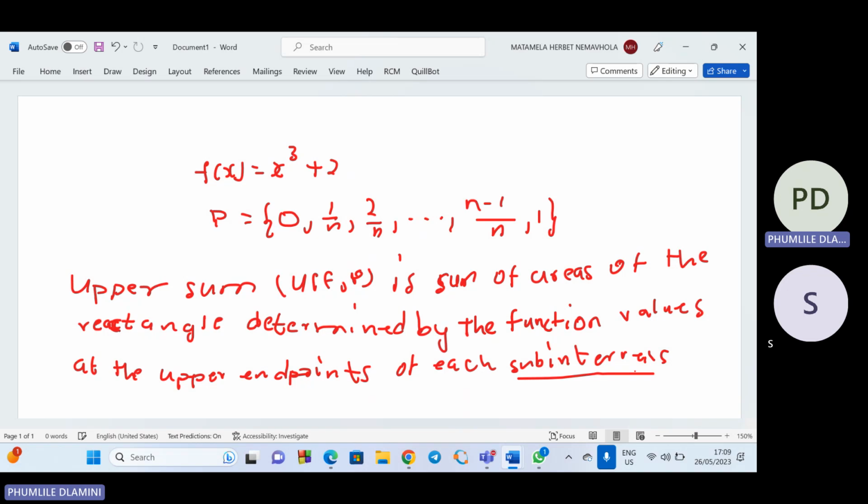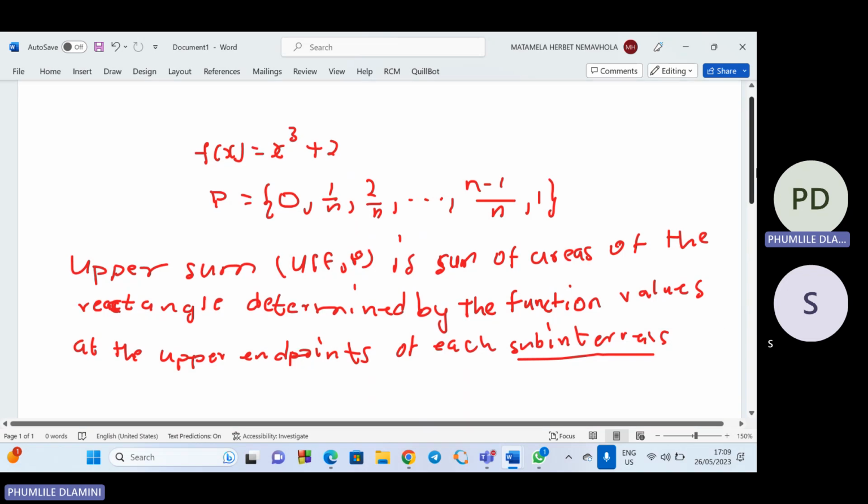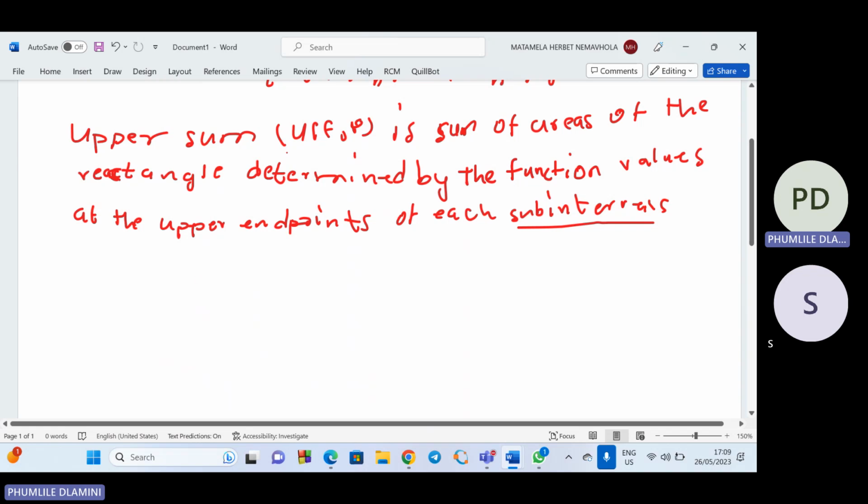The subintervals are the points like the ones when we talk about the subintervals.